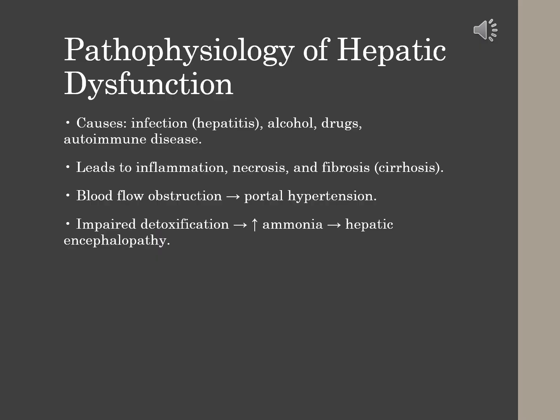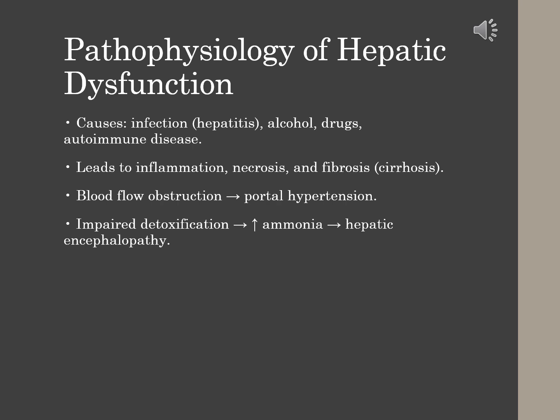Once there are injuries to those hepatocytes or liver cells, an inflammatory process begins, and the cells start to die off, which causes hepatocyte necrosis. So those cells start to atrophy and die off. Then collagen is deposited into that space of dead tissue, and it's replaced with scar tissue.